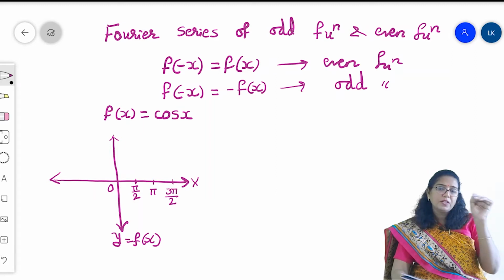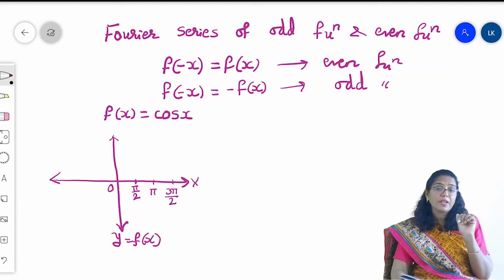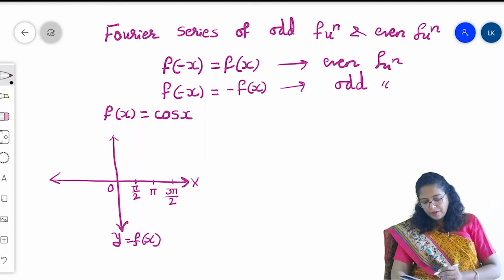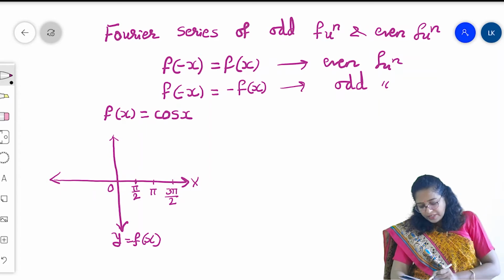In the unit circle, on the circumference, the point A is theta equal to 0, then pi by 2, then pi, then 3 pi by 2 and then 2 pi. On the opposite side of the y-axis, the points are minus pi by 2, minus pi, minus 3 pi by 2.